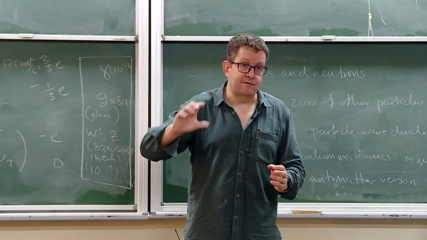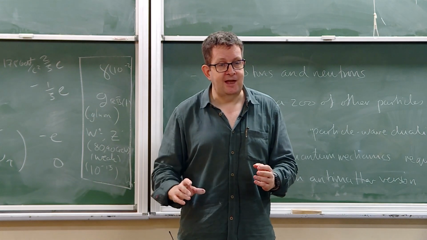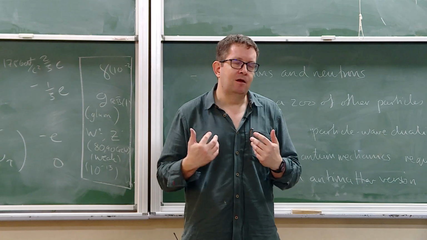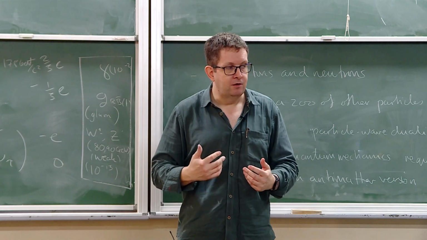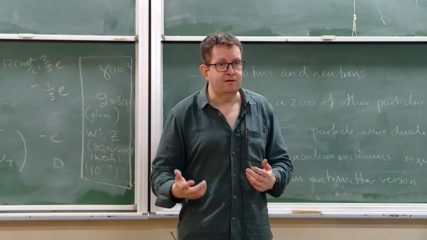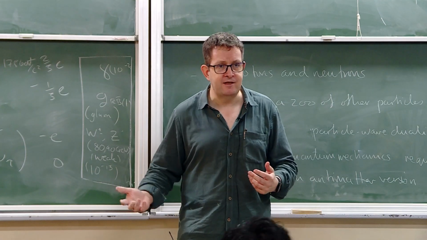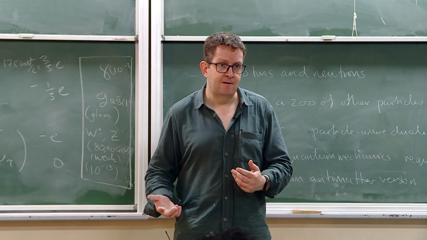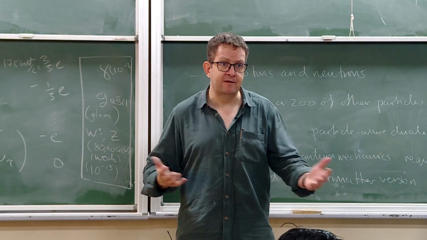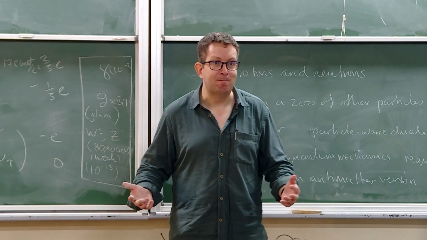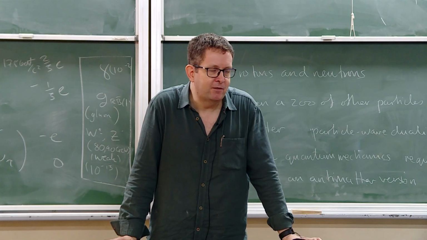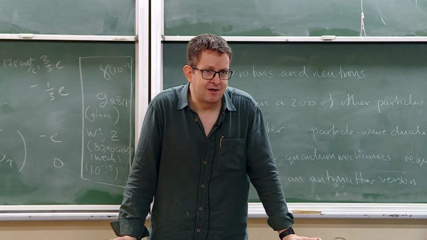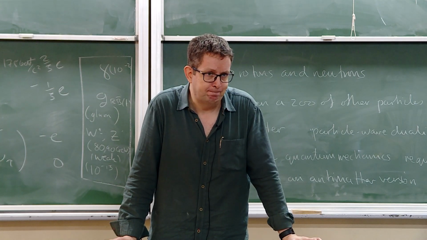As far as we know, the proton is stable, but many non-standard model theories think the proton should be unstable, but its lifetime has to be significantly greater than 13 billion years, the lifetime of the universe. Otherwise, we wouldn't be here. It's a very active area of research to try and see proton decay.